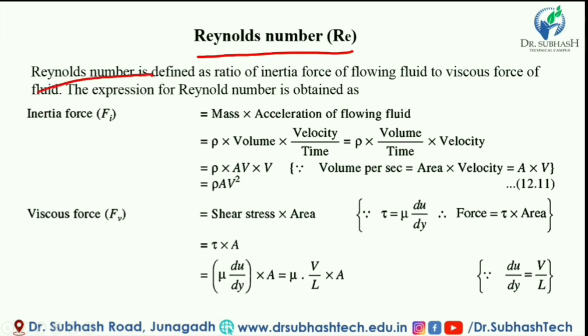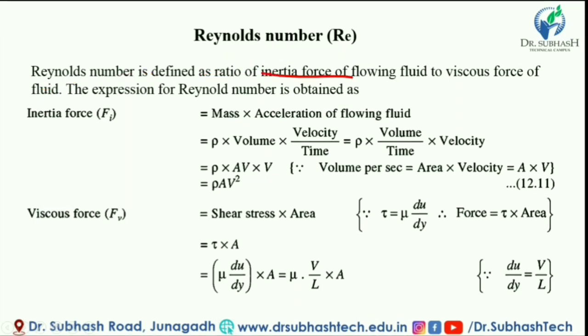The Reynolds number is the ratio of two forces: the inertia force of the flowing fluid to the viscous force of the fluid. The expression of the Reynolds number is obtained as follows.